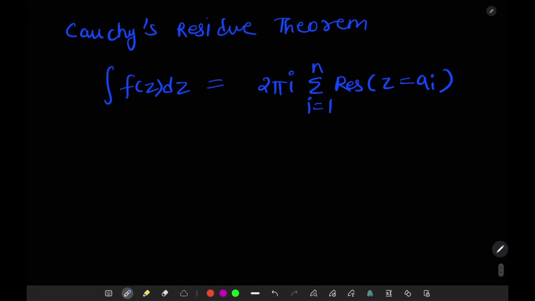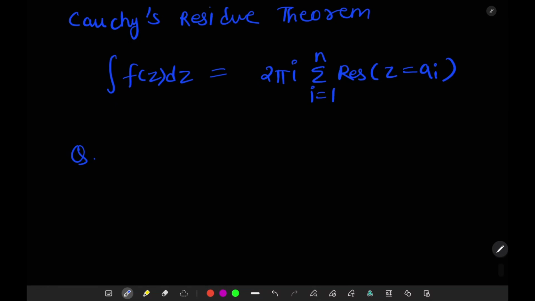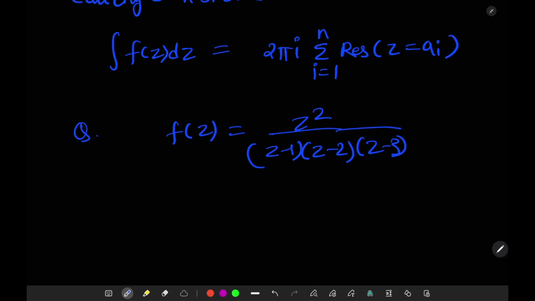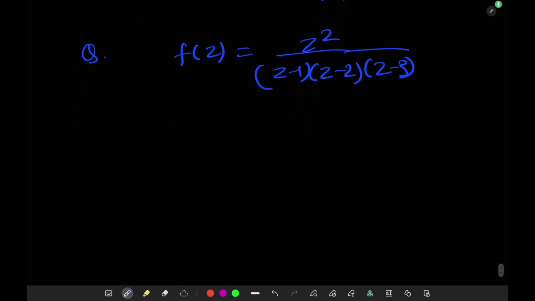Let's do some questions on these cases. Here f(z) is given. You can see the poles are 1, 2 and 3.